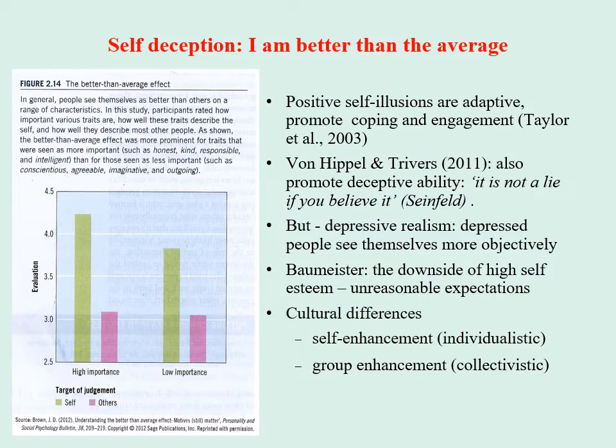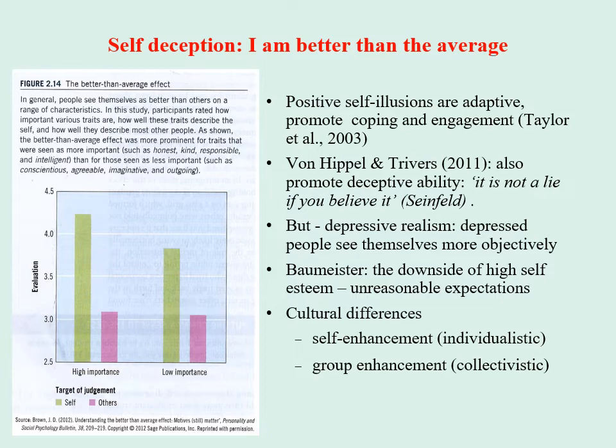So important traits would be like honest, kind, intelligent, and less important traits might be like imaginative and outgoing. And as you can see, there is a significant tendency in perceiving highly important traits to be especially descriptive of yourself compared to others, more so than low important traits. A typical example of the I am better than average attributional distortion.